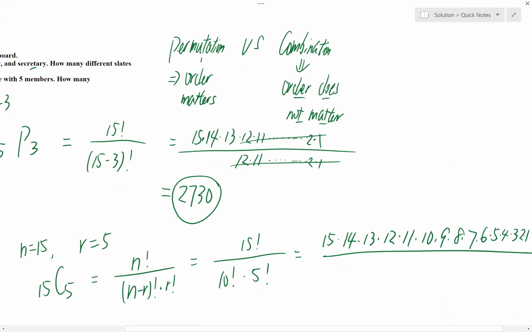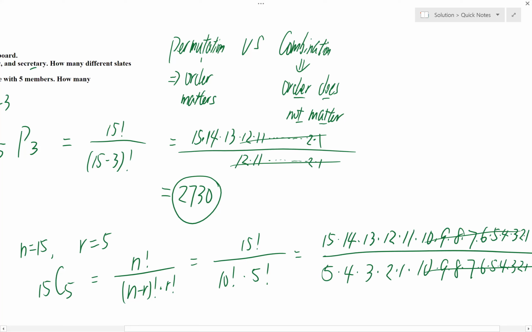And let's list the 10 factorial first. So it's going to be from 10 all the way to 1. And the 5 factorial will be 5 times 4 times 3 times 2 times 1. Everything after 10 is canceled.